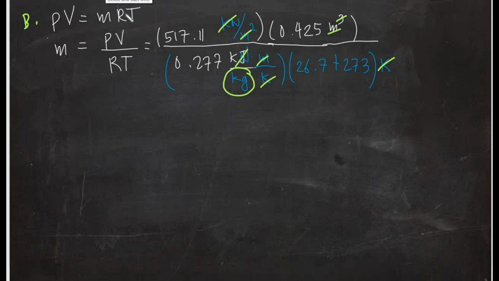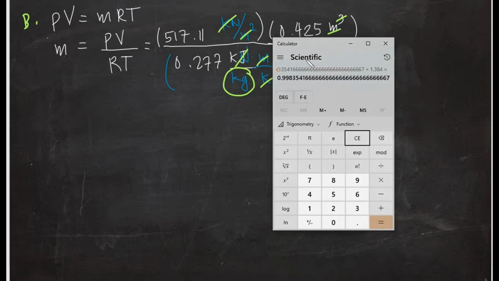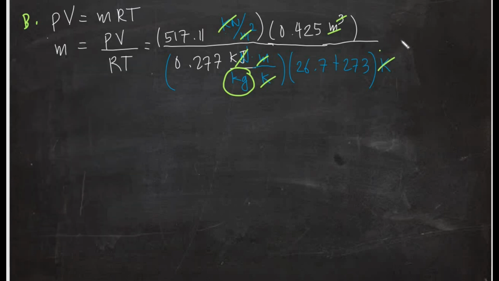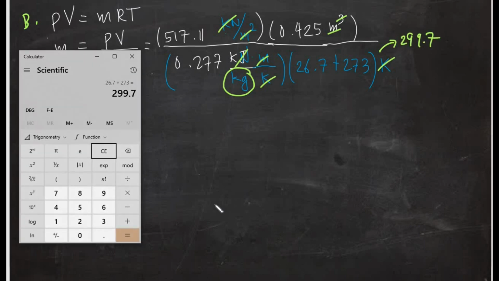Okay, so let's go ahead and get our calculators. Because the Windows calculator is a bit confusing, 26.7 plus 273, we get 299.7. I'll just take note here, 299.7. Okay, let's go back to our calculator.